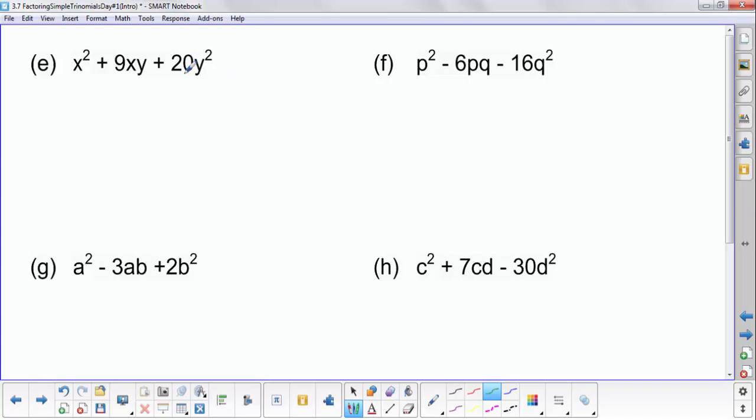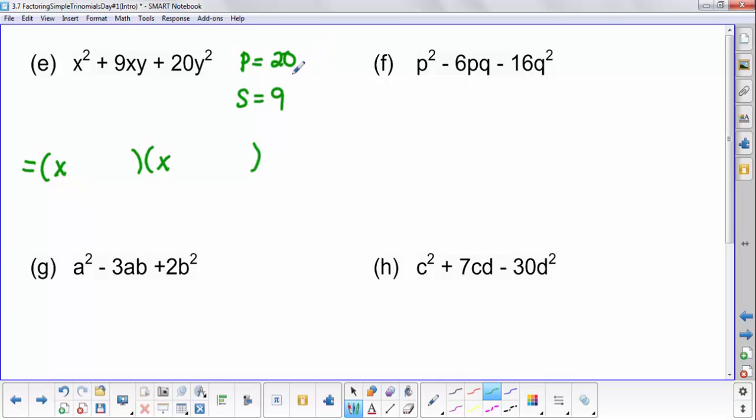You're still looking for two numbers that multiply to the last term here. So multiply to 20 and add to 9. The only difference is how you put the variables inside the bracket. So because we have x, we're still going to have x on the left side of the bracket here.